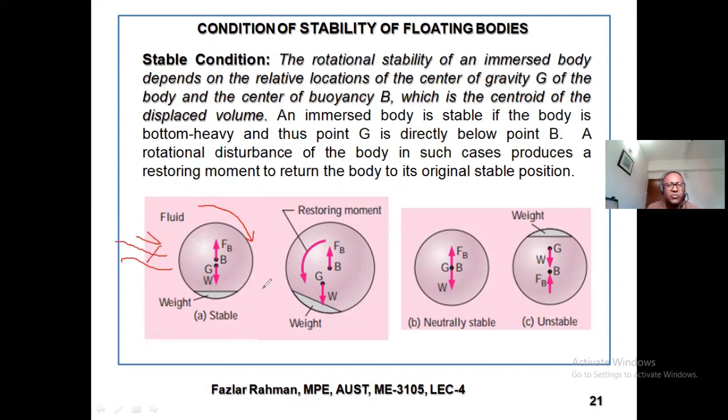If the body becomes inclined, that means previously right over here my buoyant force was working inside the body and weight was working downward. But when it becomes inclined, the direction of this force remains the same. This FB works along this direction, but due to the body movement, the volume of water displaced by the object is not the same as the previous position.